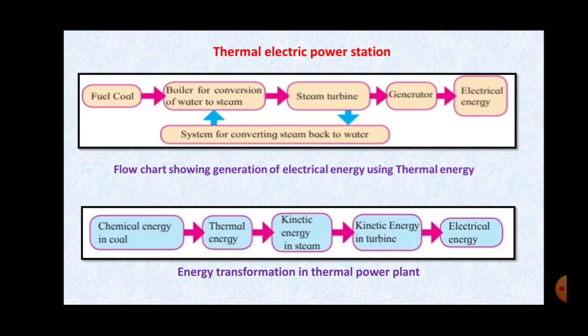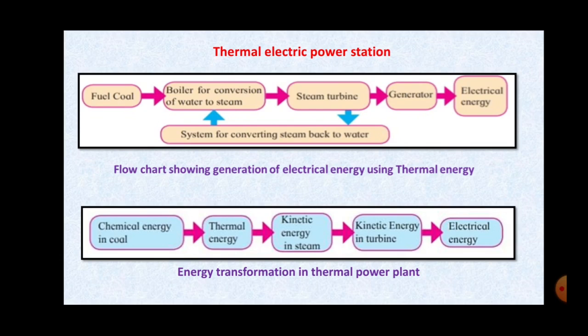Here water is converted into steam under very high temperature and high pressure. Now this steam goes into the turbine, it falls on the blades of the turbine, and the turbine starts rotating, right?